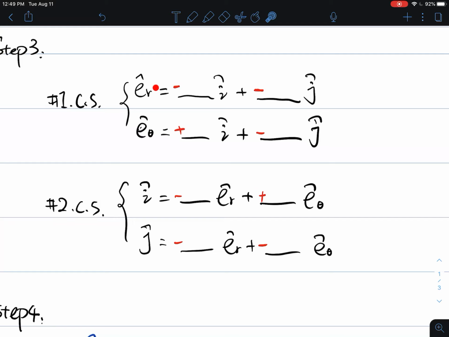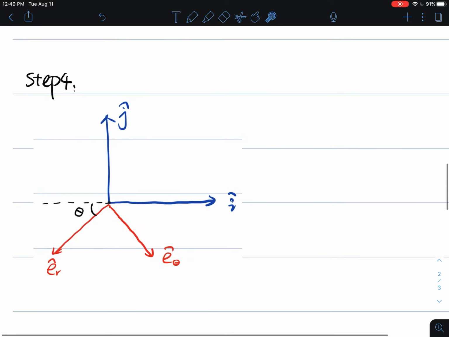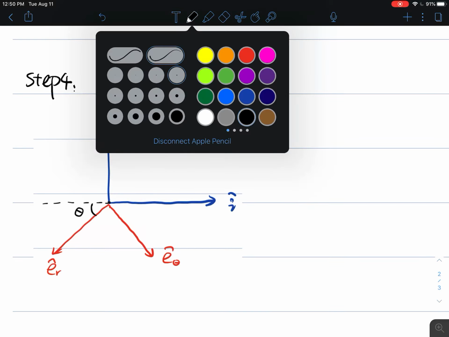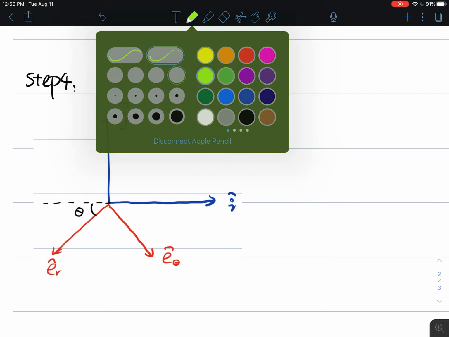So we want to draw 2 right triangles with ER and E theta as the hypotenuse. And the other 2 edges of each triangle should be parallel to I and J direction, if that makes sense. Let me show you. So, use a different color. Let's use green.